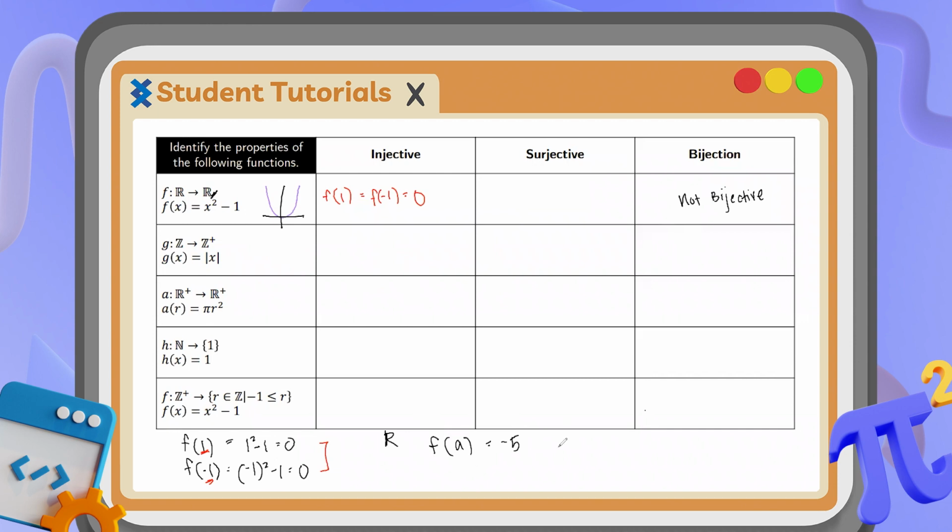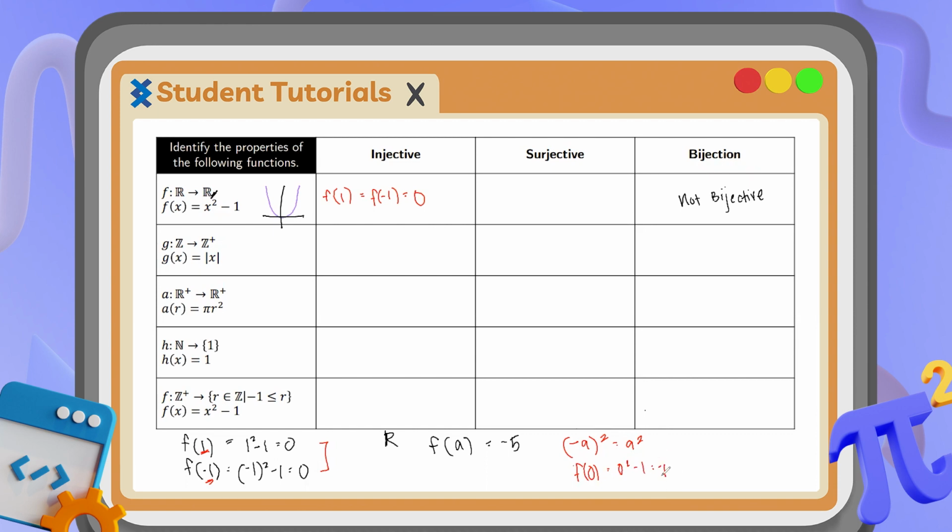If we try a negative number, say negative a, square it, you'll get a squared, a positive number. But if you have, let's say, 0, f of 0 would become 0 squared minus 1, which is negative 1.